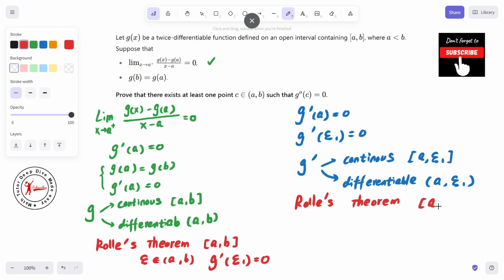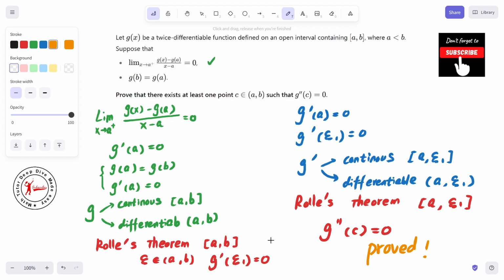That new function is also continuous and differentiable on the interval from a to c1. And it equals 0 at both ends, because we know the derivative at a is 0, and the derivative at c1 is 0 too. So by applying Rolle's theorem again, but now to this first derivative function, there must exist a point, let's call it c, between a and c1, where the derivative of the first derivative is 0.